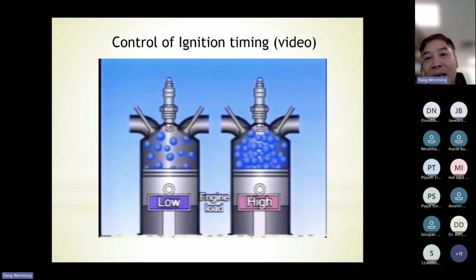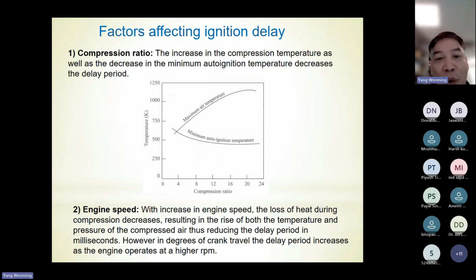As a result, there is more chance for the fuel molecules to contact with the air molecules, thereby improving the combustion process. That's why the auto-ignition temperature will drop as we increase compression ratio.